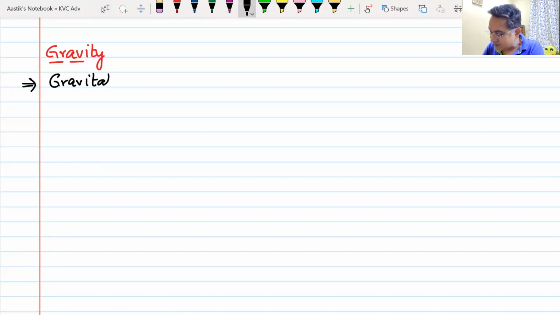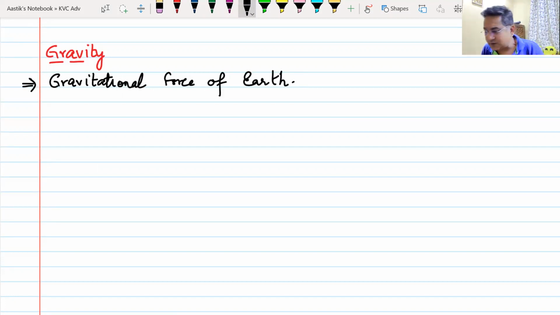This gravity is nothing but the gravitational force of Earth. The gravitational force exerted by Earth on smaller bodies like us, bodies which are of very small size compared to Earth, is known as gravity.